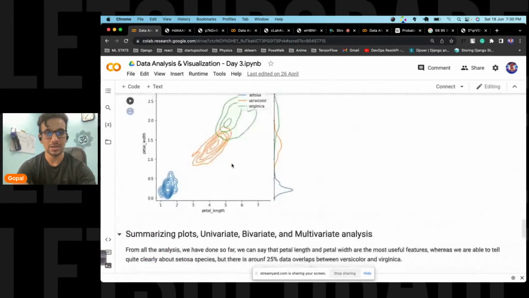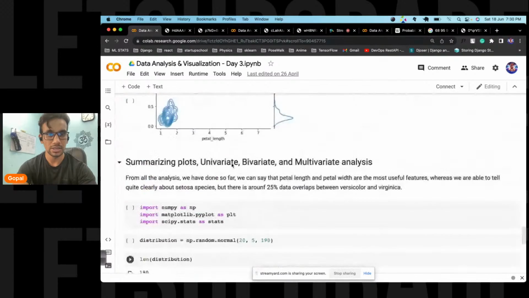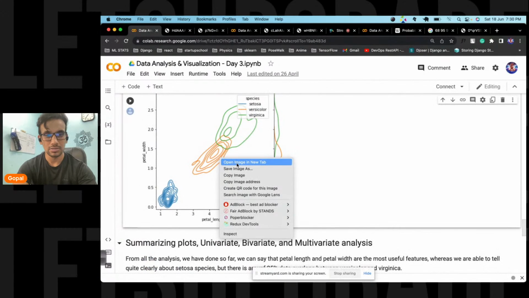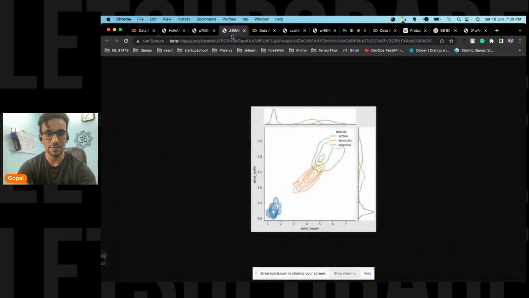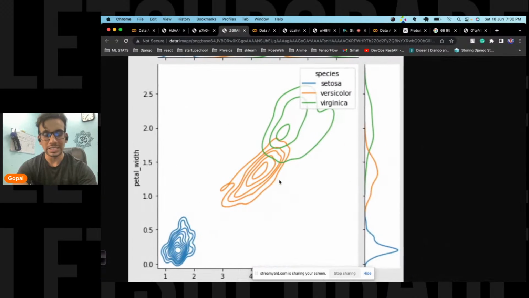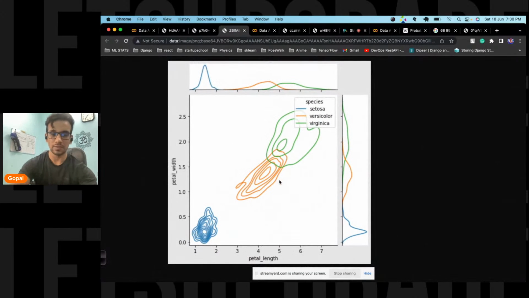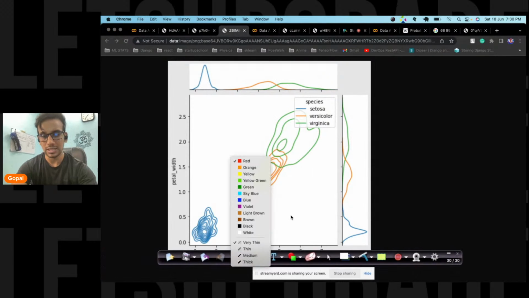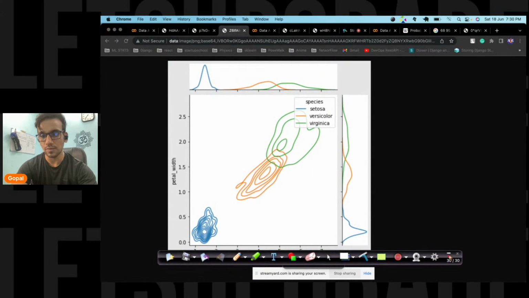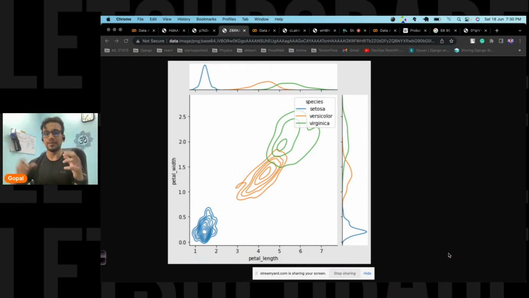Last but not the least, we have this last plot here. This is called the KDE plot. You can read it by its central tendency: as you go away from the central tendency, you get fewer data points.